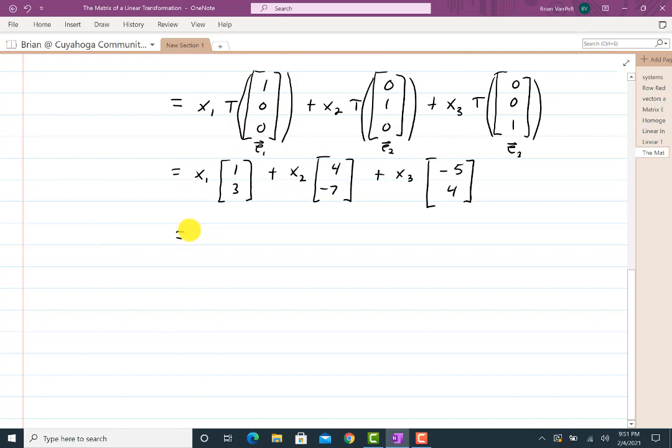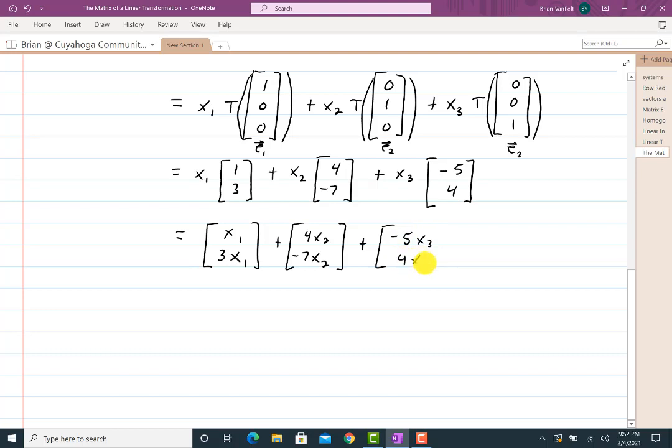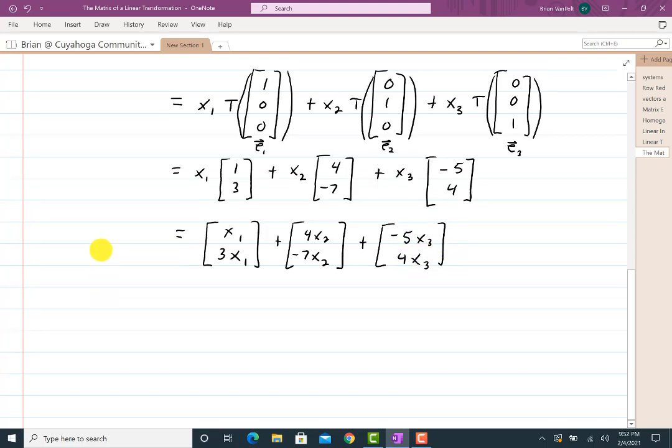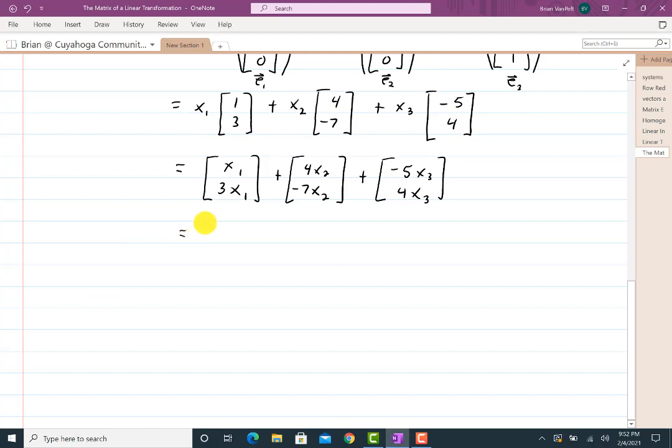And so now I can compile it all together. I'll have x1, 3x1, plus 4x2, negative 7x2, plus negative 5x3, 4x3. And finally, I can put it all together as one vector that looks like the following: x1 plus 4x2 minus 5x3, that's the first entry.